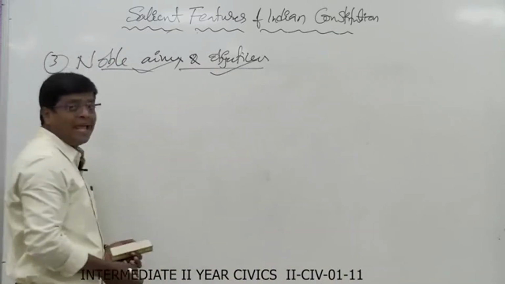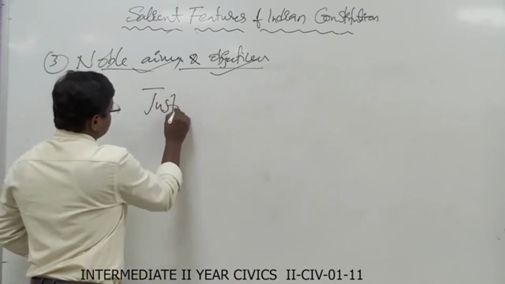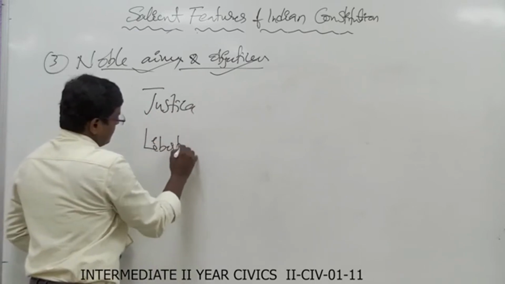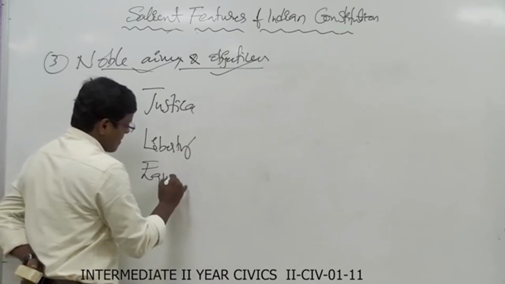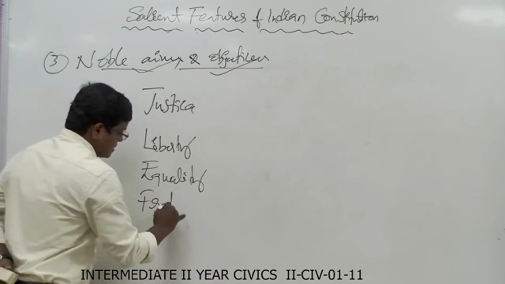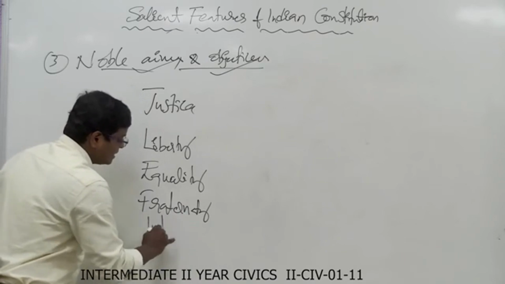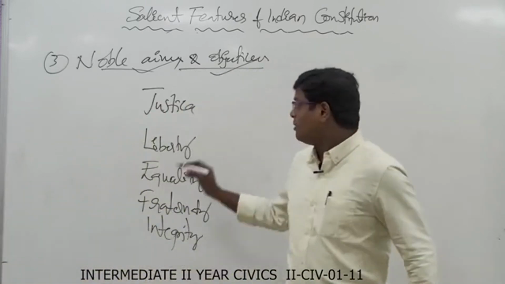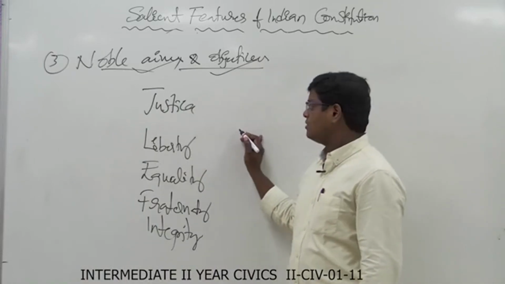So what are they? Firstly, justice. Next, liberty. Third, equality, fraternity, and finally integrity. These are the noble aims and objectives mentioned in the preamble of the Indian Constitution.